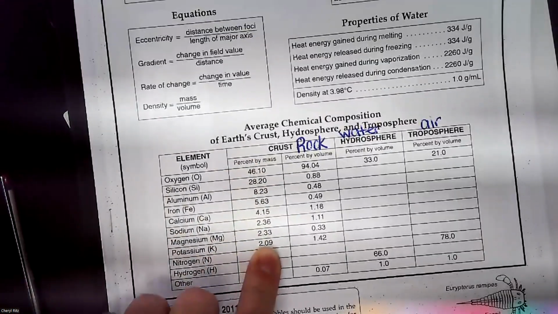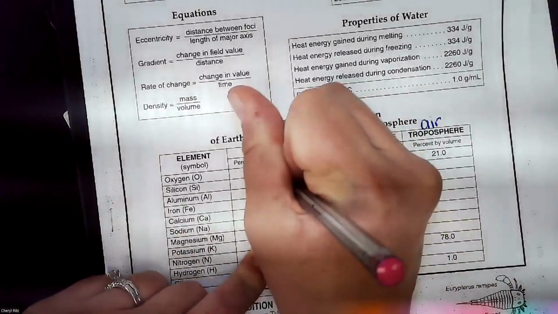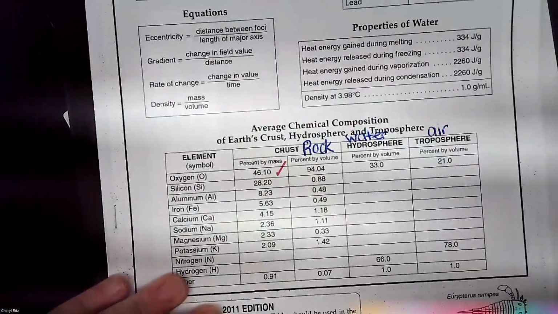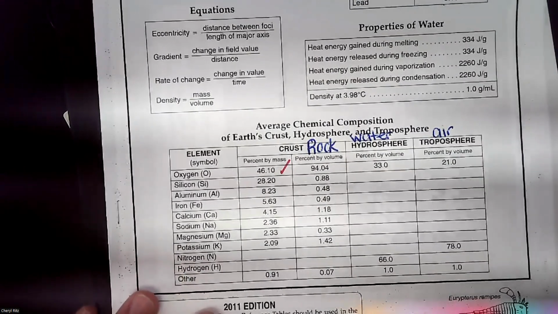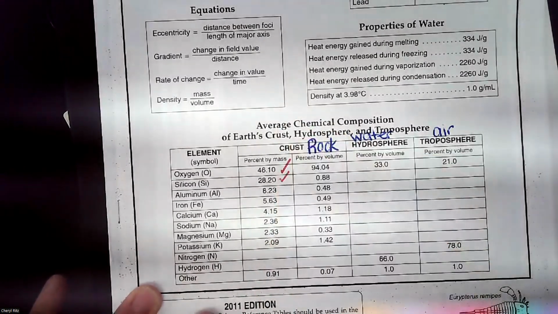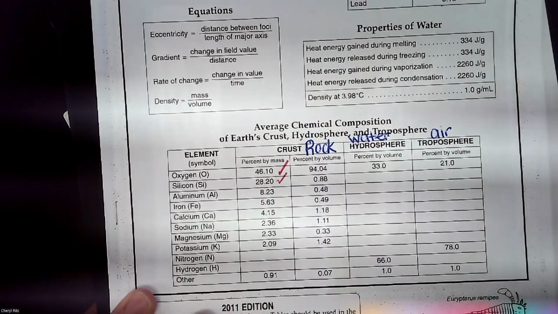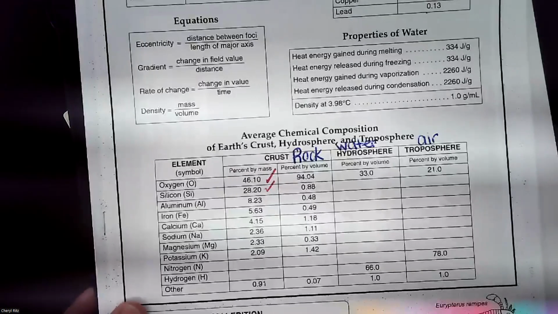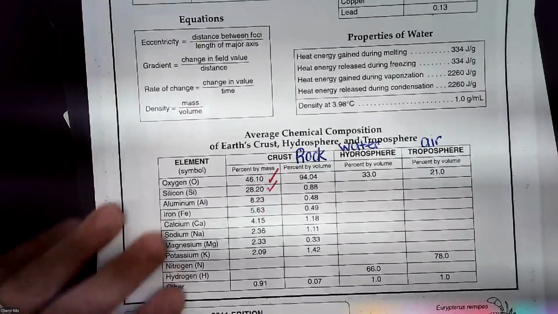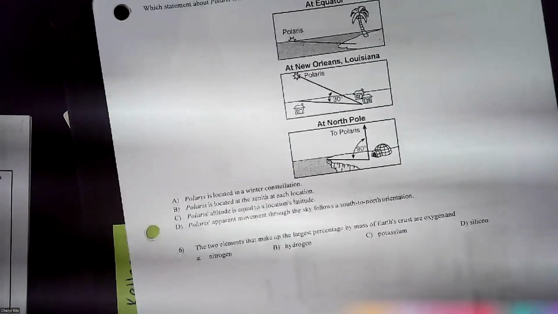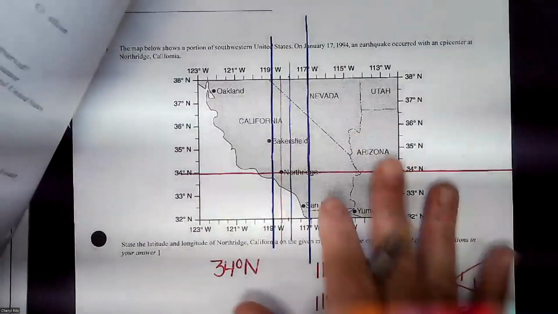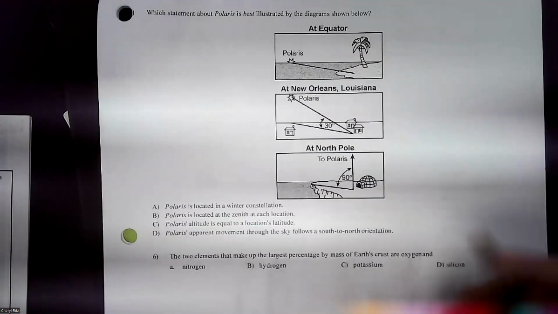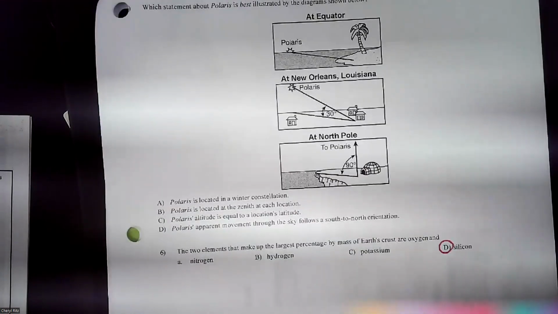They tell you it is oxygen, and they want to know which other element makes up the most. Right there, silicon. It's way more than anything else. So that was just looking on the reference table. Almost every question on this quiz needed your reference table.